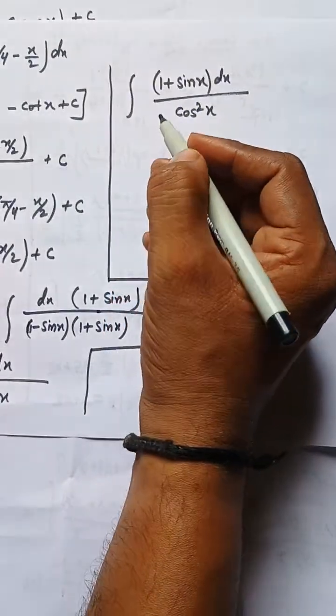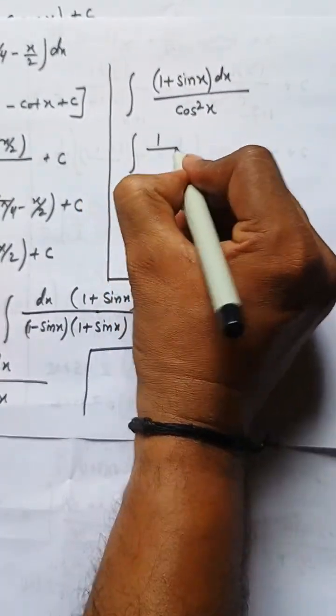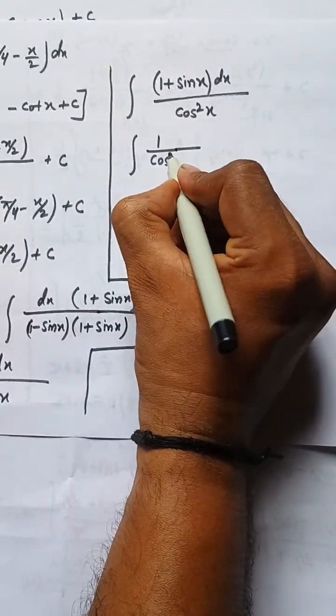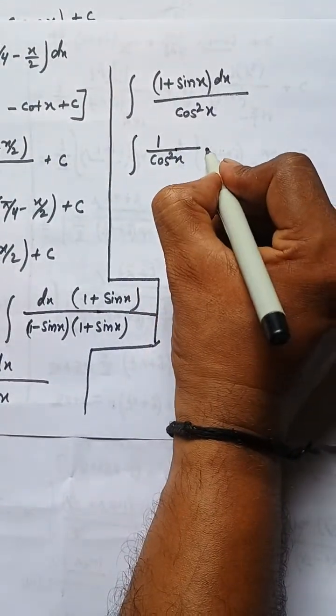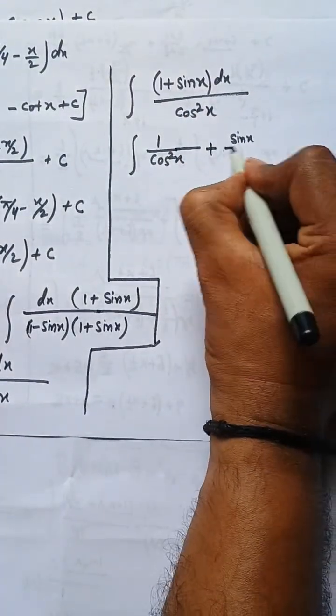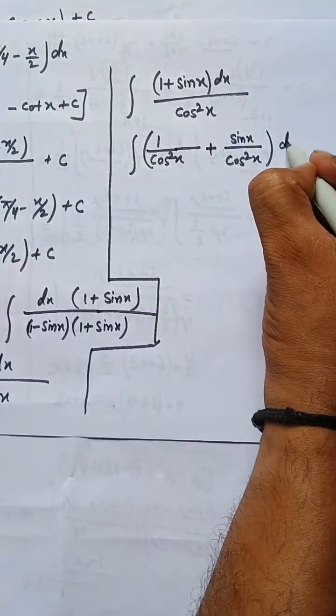So let's do it. Here I can split it down: 1 by cos square x plus sin x by cos square x, and then dx.